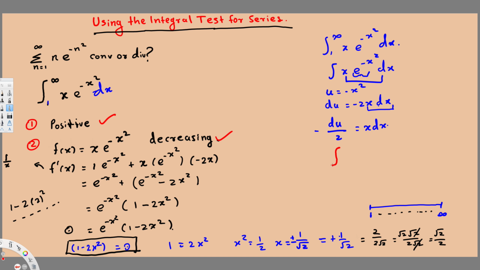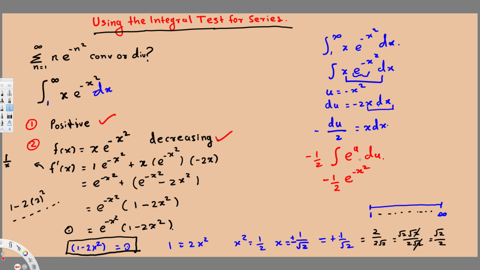So we are going to have the integral of e power u, and then negative du over 2. I can take the negative half to the front, and then du. If you do the integration for e power u, that's going to be still e power u, right? So that's going to be negative half e power minus x square.